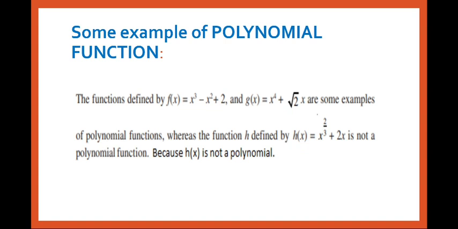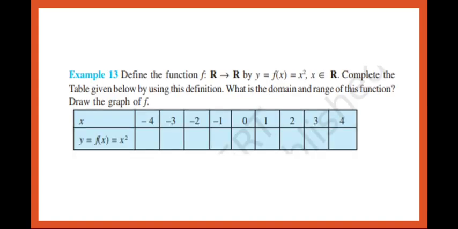Because look at the right hand side, this algebraic expression is not a polynomial. For being a polynomial, the exponent of the variable has to be a whole number, but here the exponent of x is 2/3, which is not a whole number. That's why h(x) is not a polynomial, therefore h(x) is not a polynomial function.